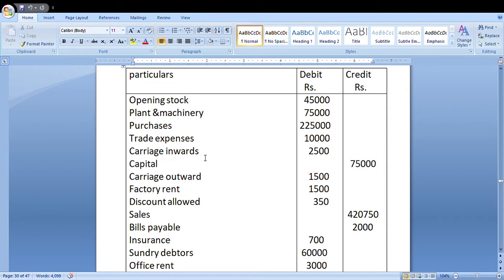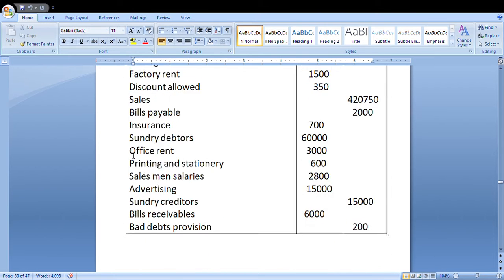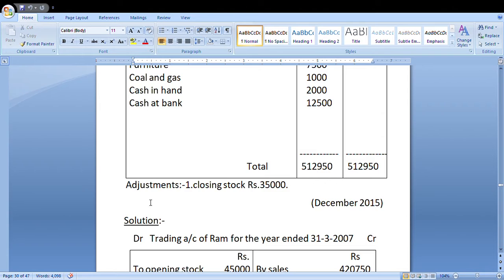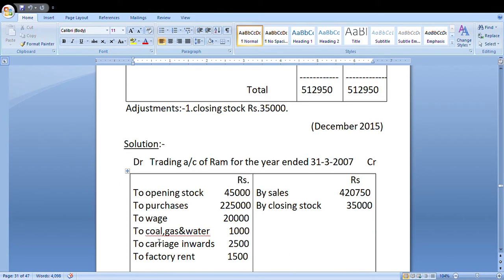Carriage inward enters the trading account. Carriage outward enters the profit and loss account. Do you understand this point? Carriage inward enters the trading account debit side.